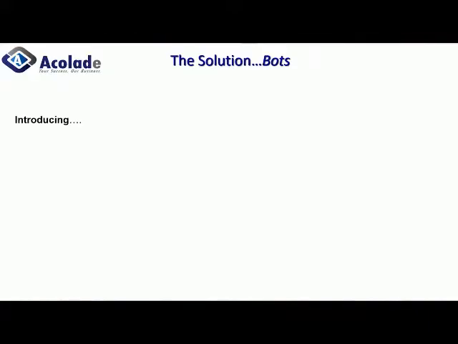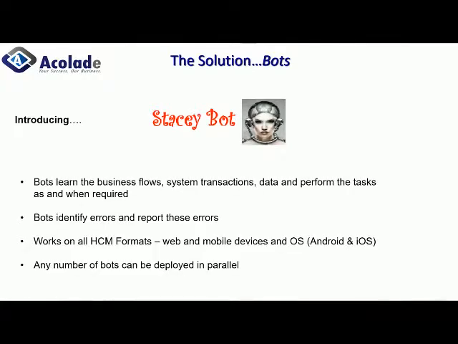So what we have seen is, how do we help address this situation is through bots. Now, in here, I would like to introduce you to Stacy Bot, which is basically a bot that our engineers have developed. What these bots do is learn your business flows, your system transactions, and data, and perform exactly that task as it had learned that particular business flow.